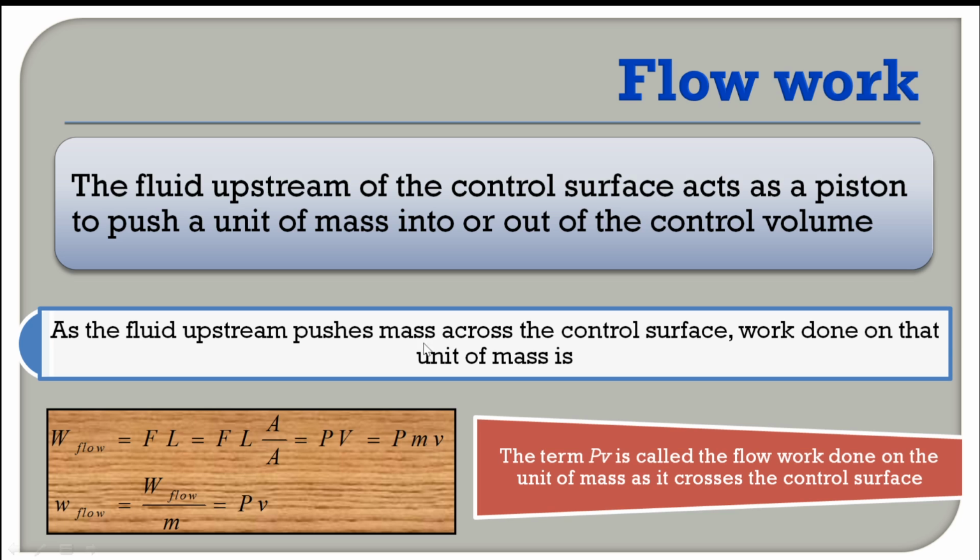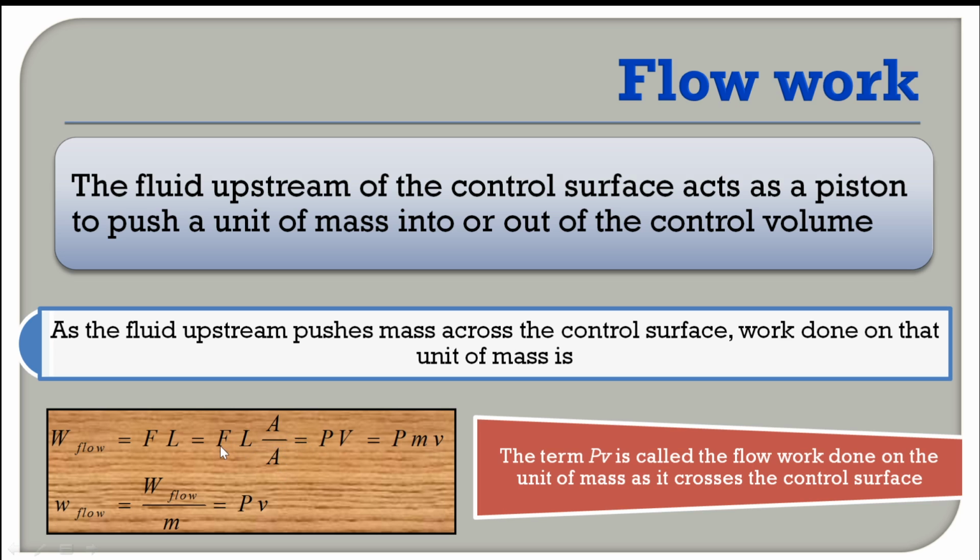So as the fluid upstream pushes the mass across the control surface, work done on that unit mass is the flow work or flow energy. That is the force multiplied by the distance or displacement through which the mass displaces. Okay, F into L, or you can write FL into A by A. Just to rewrite it mathematically, we are just using A by A. It is one, right?